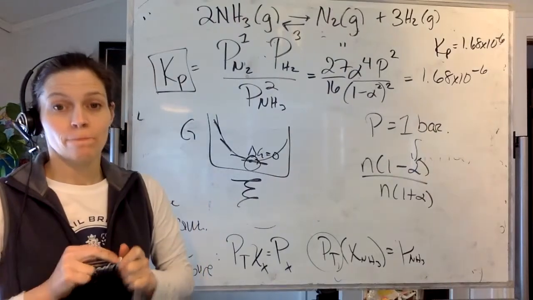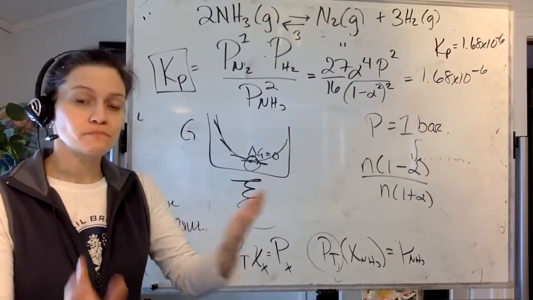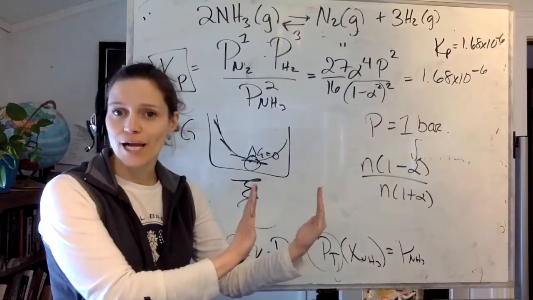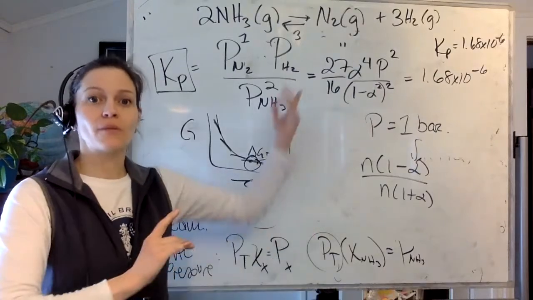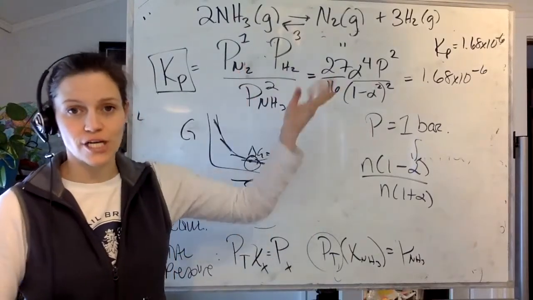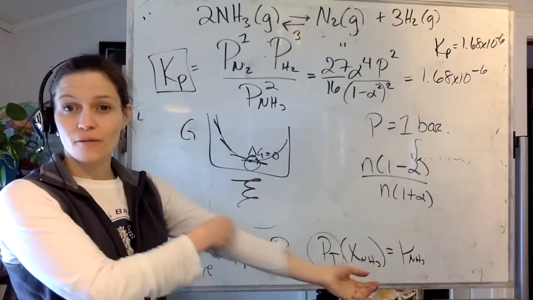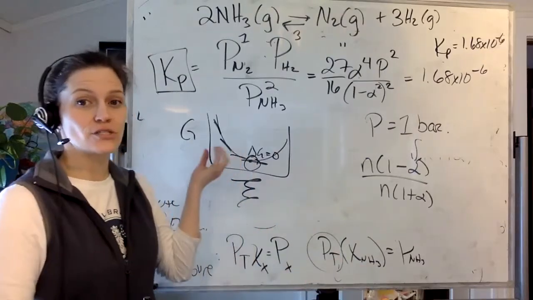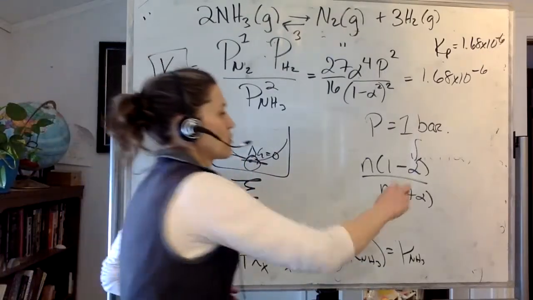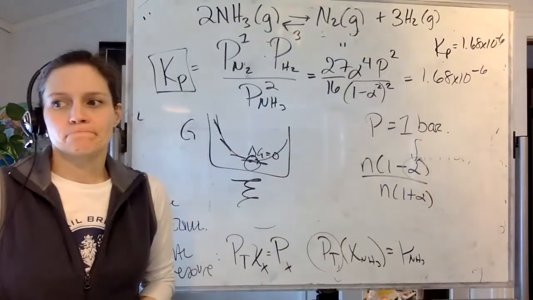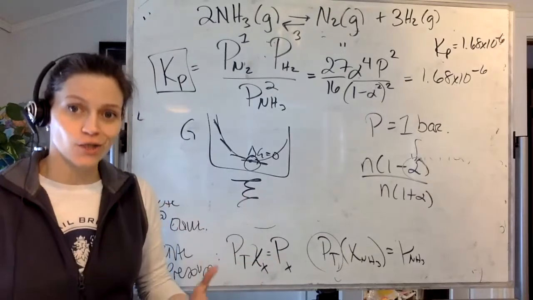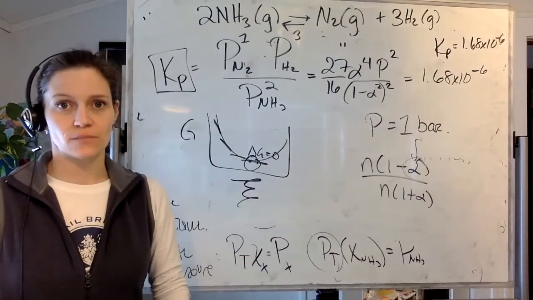Cool? And so how is the system progressing through the reaction? How is it approaching equilibrium? These pressures and concentrations that you get from thinking about things in terms of extent of reaction, or this alpha here, are really helpful in characterizing and classifying your systems.